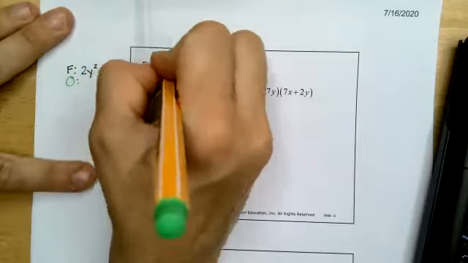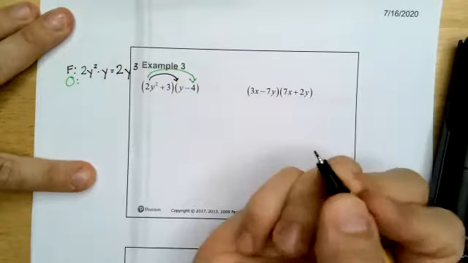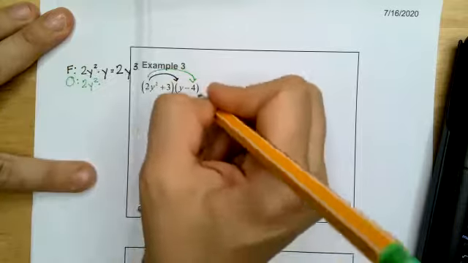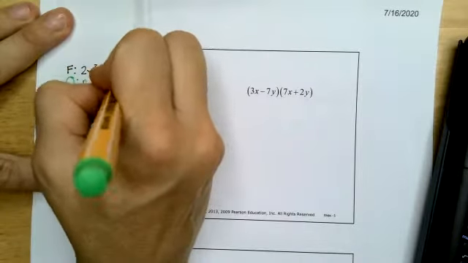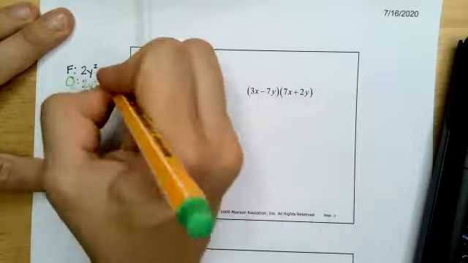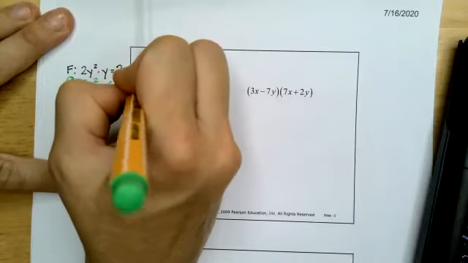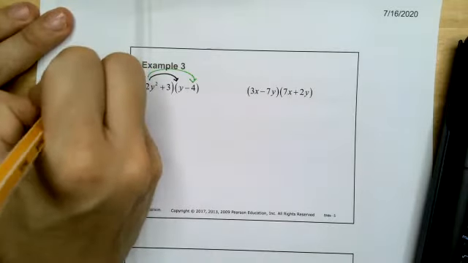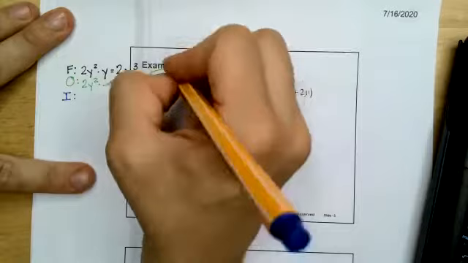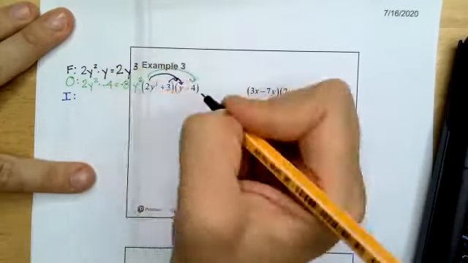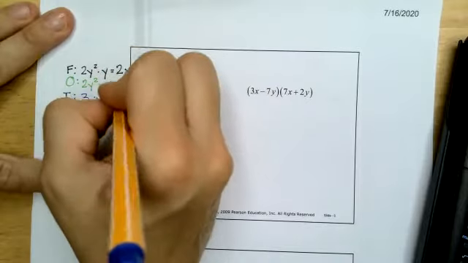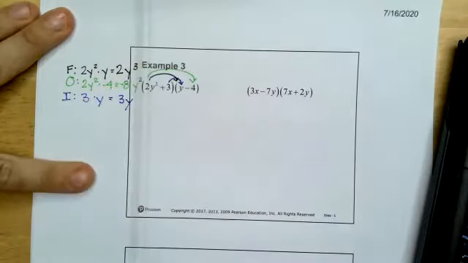Outside, or just the second number you need to multiply 2y squared by, is 2y squared times just a -4. So -4 times 2 is a -8. Nothing happens with the y squared. Inside, or your next term, is just +3 times a positive y. So that's a 3y.